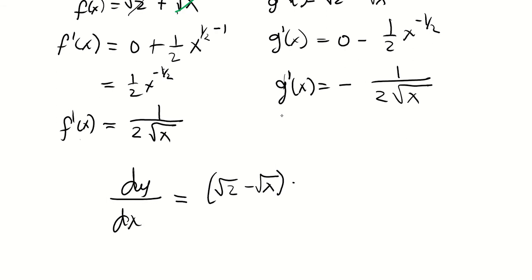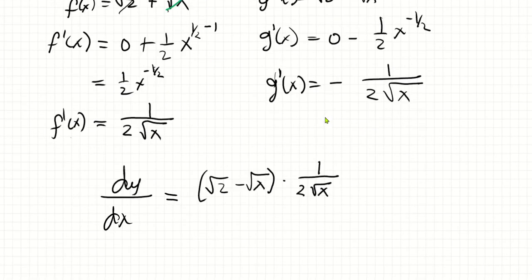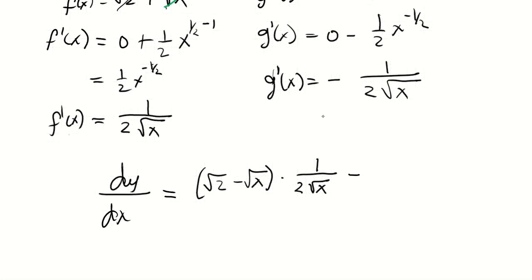So I multiply this one with 1 over 2 times the square root of x. Then next is minus high, which is f of x, the square root of 2 plus the square root of x, times the derivative of low, which is g prime x, negative 1 over 2 times the square root of x.